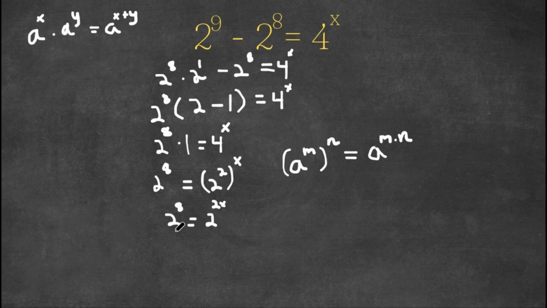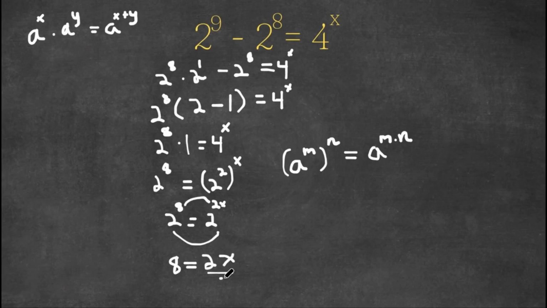Now, because we have the same bases, our exponents must be the same as well, because this equation would not be true if these exponents were different, meaning that 8 equals 2x. And now, as you can see, we have a simple equation, and we just want to solve for x.